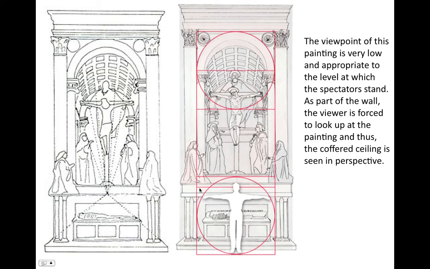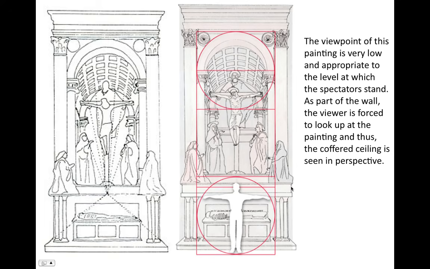That's because on the wall where this is painted, this figure here represents the average height of a person, and you can see where their eye level would be. So anything depicted below eye level looks as though you're looking down on it. Anything that's depicted above that horizon line or eye level looks as though you're looking up at it.